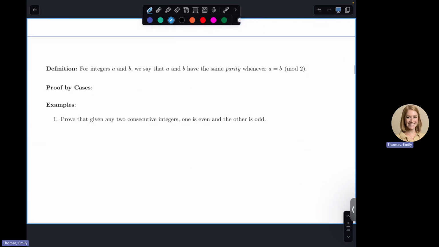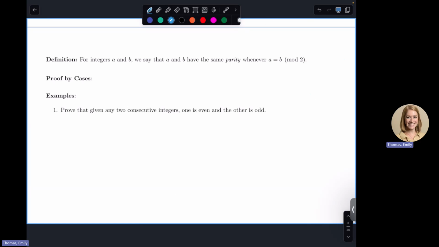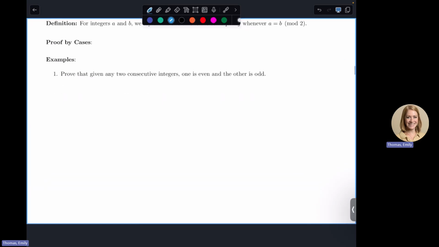A and B have the same parity when they have the same remainder mod 2. But something like this, given any two consecutive integers, one is even and the other is odd. You're going to start chasing that rabbit, do what you get to assume, and then you're going to see two choices. And when you see those two choices, we're going to break into proofs by cases, which is just two proofs in one proof.